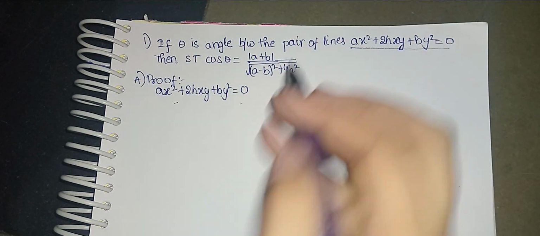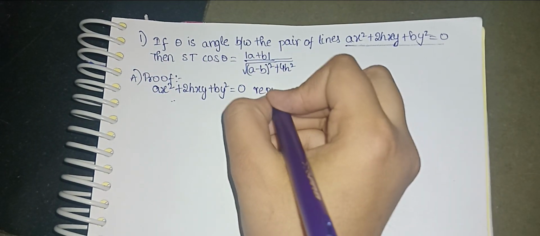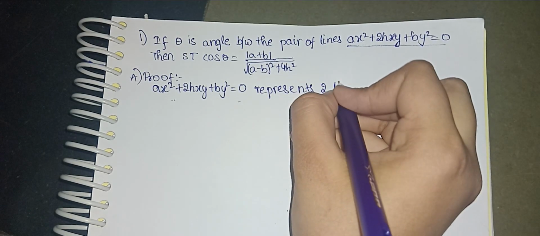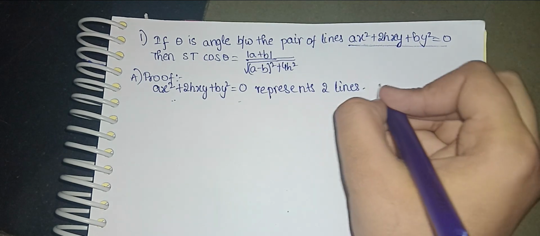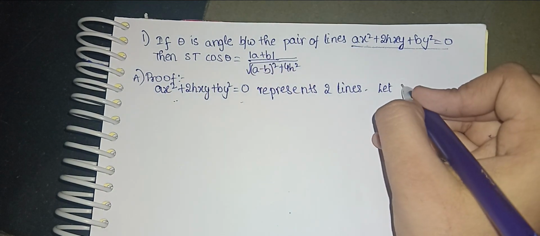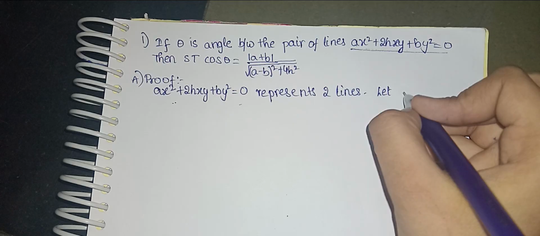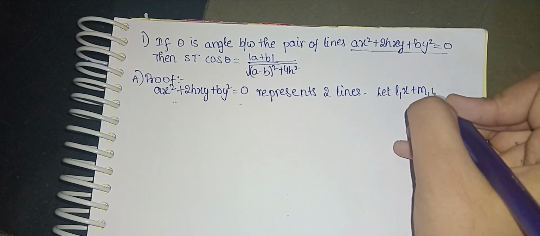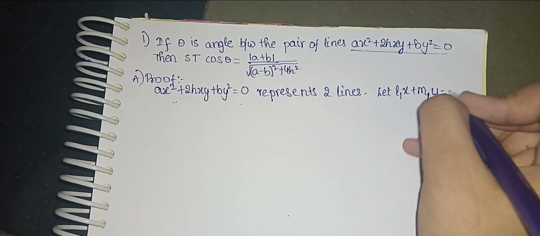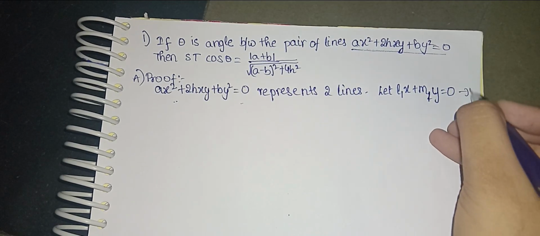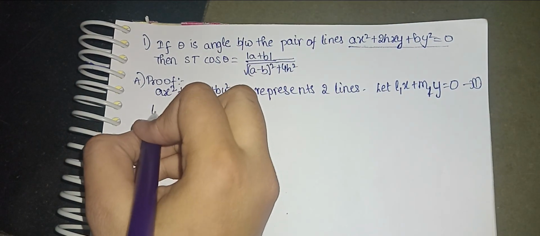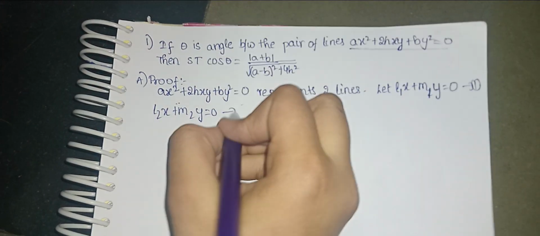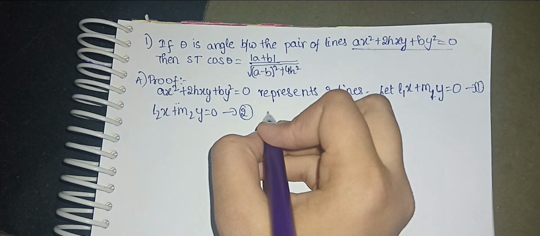This represents two lines, and let L1x plus M1y is equal to 0 and L2x plus M2y is equal to 0 be those two lines.